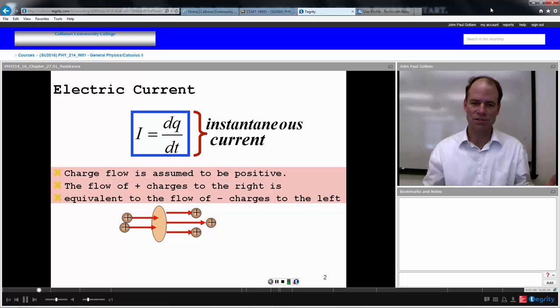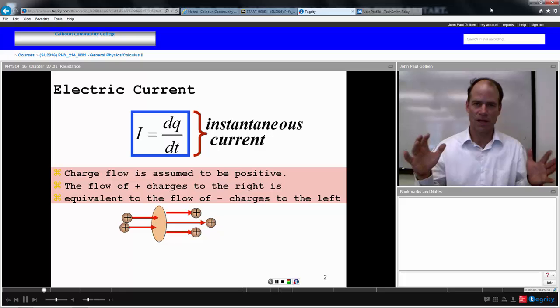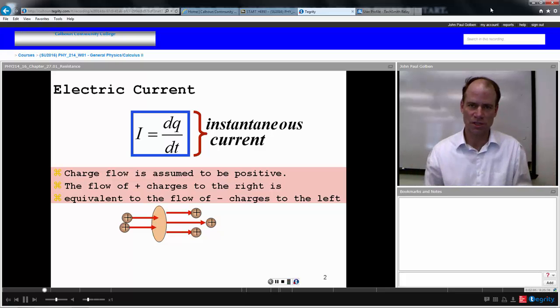As far as we're concerned, it's not going to change our analysis to assume positive charges in positive direction. The only time it would bother us is if we were doing an investigation into the Hall effect, which actually helps us determine what the charge carriers are. But we're not going to worry about that right now. So we're just doing circuit analysis. We're going to assume positive charges moving in a positive direction.